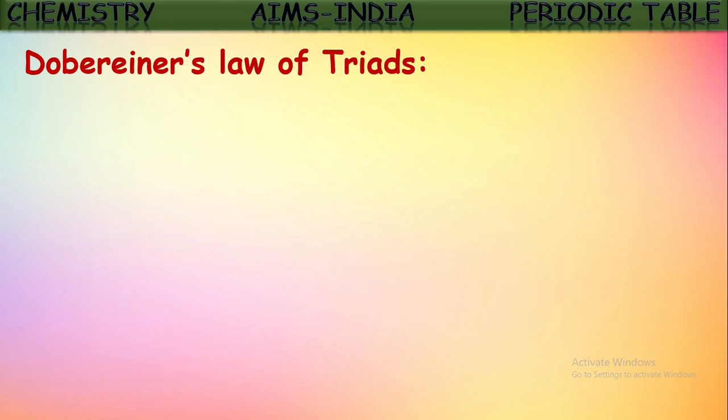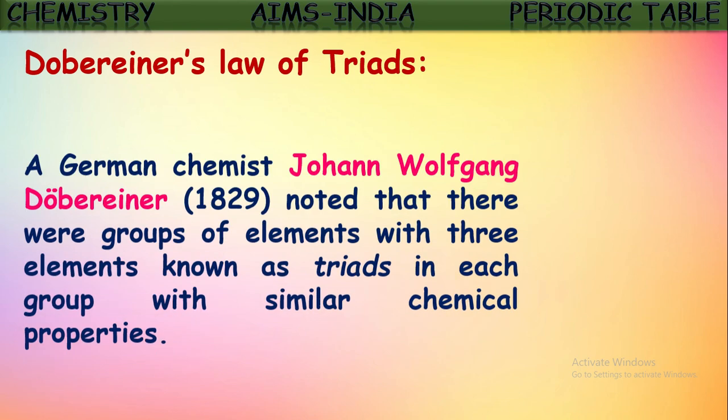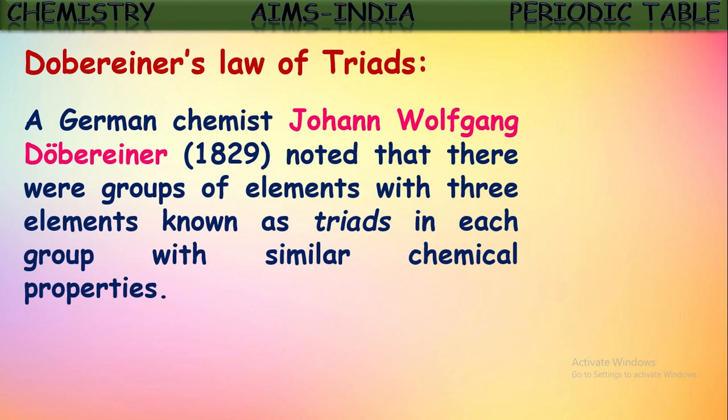Next, one more scientist, Döbereiner, tried to classify the elements. A German chemist, Johann Wolfgang Döbereiner, noted that there were groups of three elements known as triads, in each group with similar chemical properties. While studying the properties of the elements, he observed that three elements have the same kind of chemical properties.